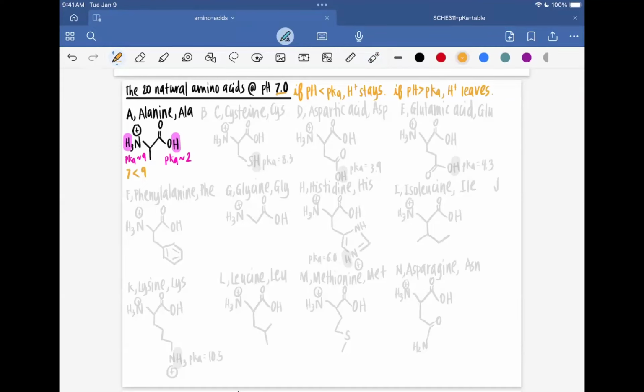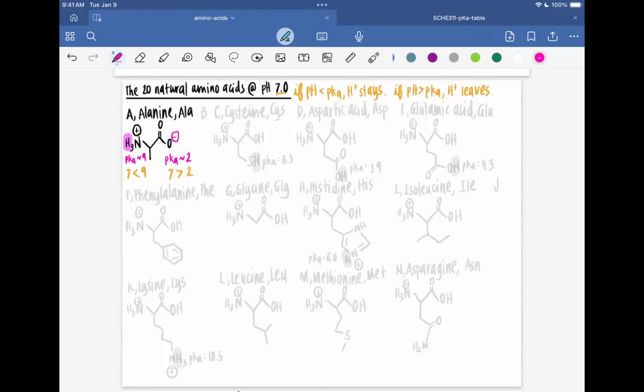When we look at the pH of 7 in comparison to the pKa of 2, 7 is greater than 2, which means that we're in this second scenario, and the proton will leave. So the way that that's going to impact the structure is that this hydrogen actually isn't there. And instead, we're going to have this oxygen that has a negative charge to it.